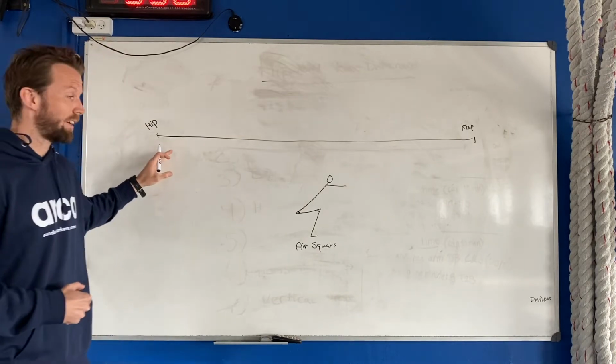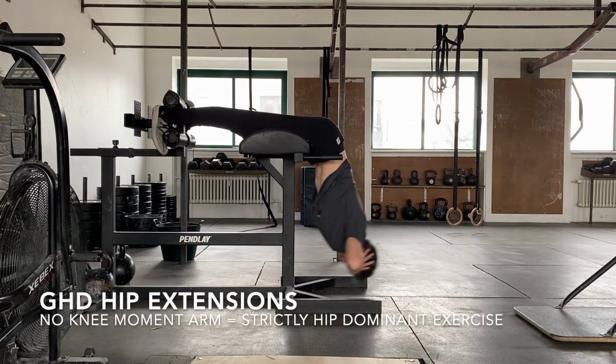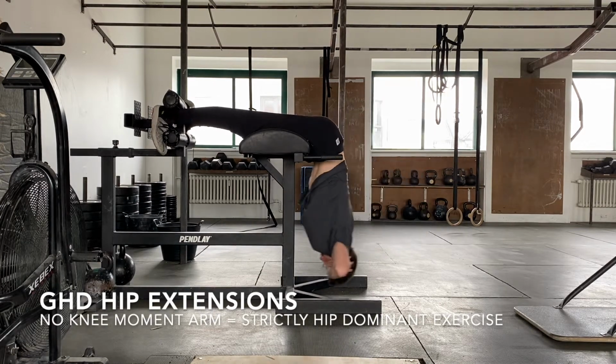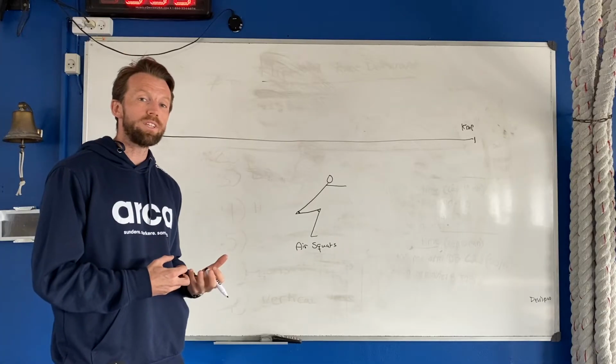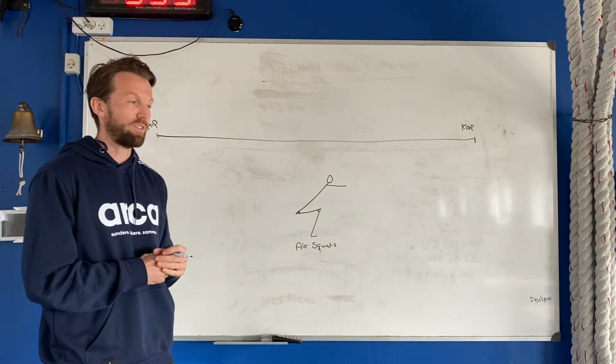So in this area, we can talk about, for example, GHD hip extensions, which is an exclusively hip dominant movement. There is no resistance against knee extension because the knees are straight. There is only a resistance against the hip extension from a flexed position.